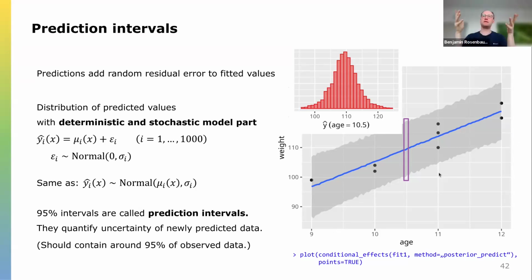If you have like 100 data points, you can expect that maybe 5 of your data points will be outside your 95% prediction intervals, and 95 of your data on average will be inside. However, since there are just a few data points here in the simple example, they are all in the 95% prediction intervals.